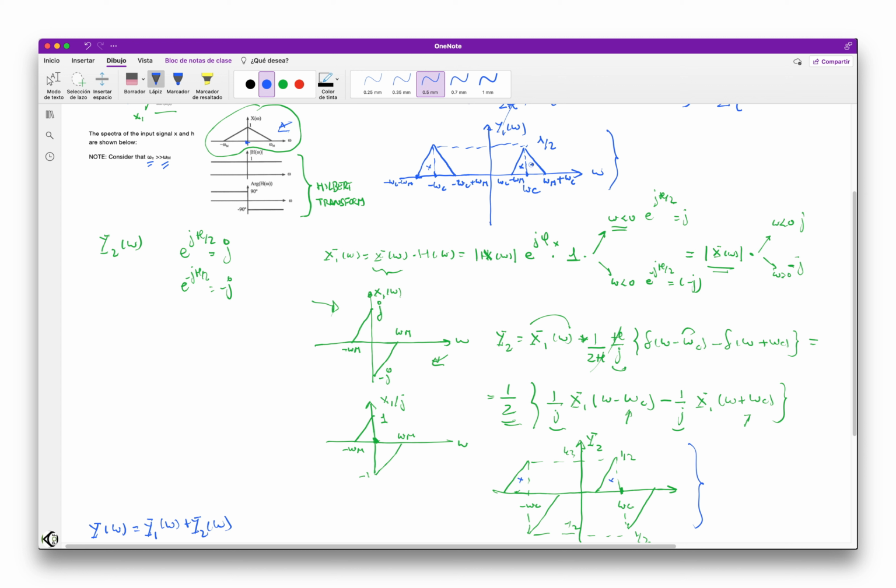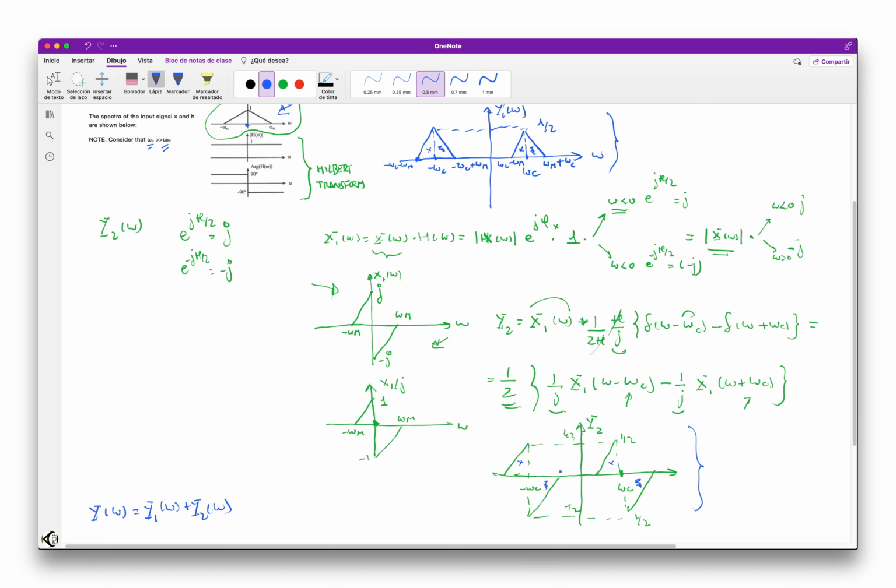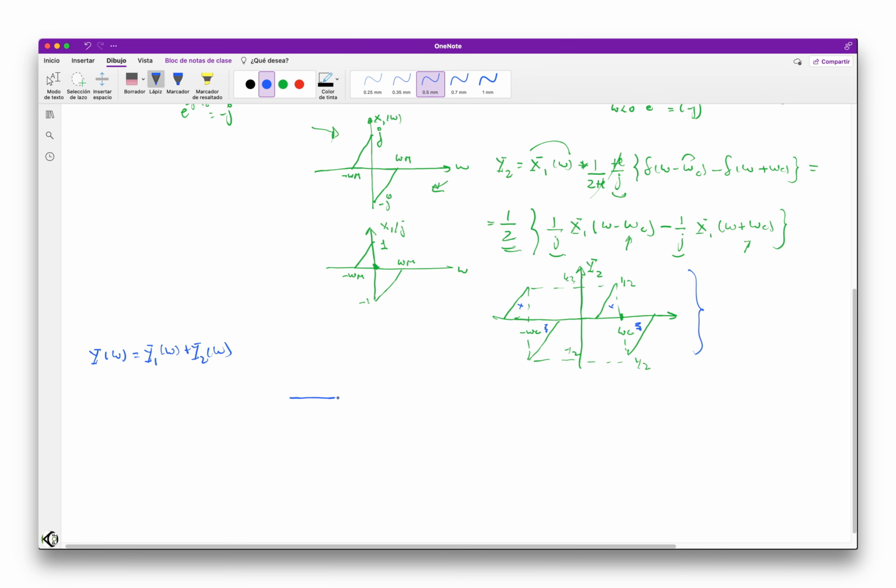But you can see that this triangle here will cancel with this triangle here because they are exactly the same height but one is negative and the other is positive, and also this part here will cancel with this part here. So at the end what will remain will be these half triangles. There will be a triangle here, omega c, which is this part over here but twice the height, so instead of 2 it will be 1, and also on the negative part we will have this part here.